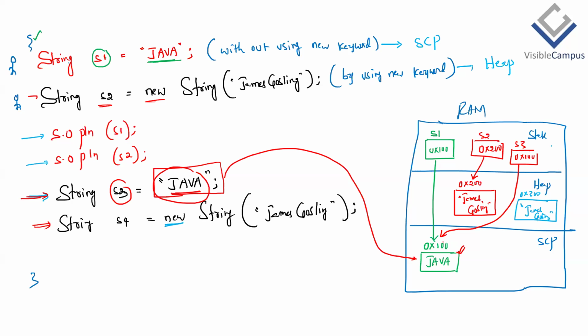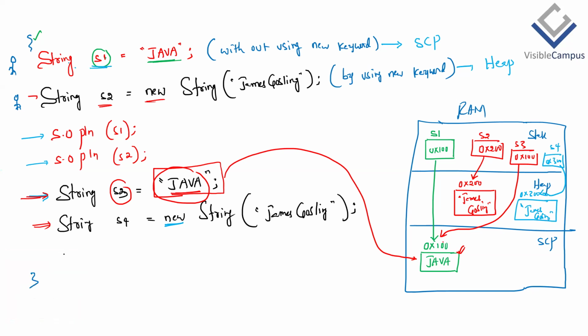This is stored by S4 and it has an address called 0x300, and it will point to this location. So the point is, whenever we create a string object without the new keyword, before it stores into the string constant pool, JVM will check whether the same object is present or not. If it is present, the address will be reused. If it is not present, it will be created. Understood?